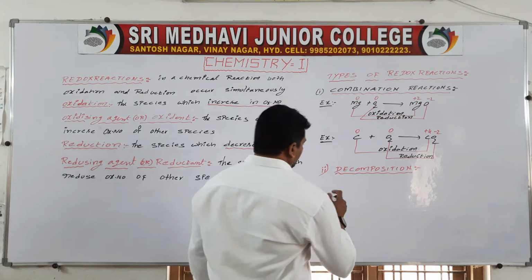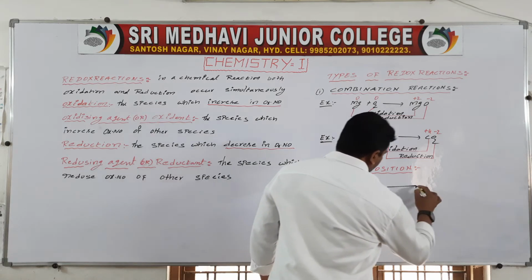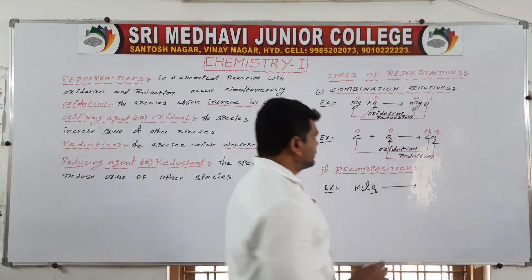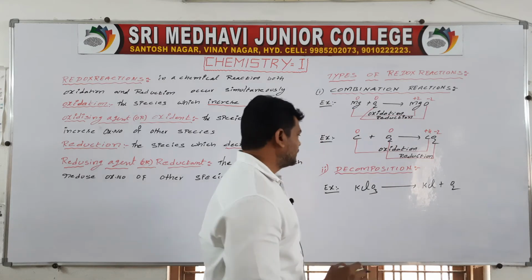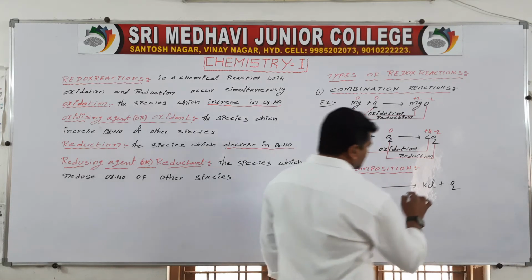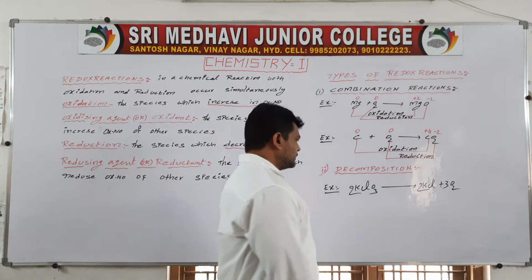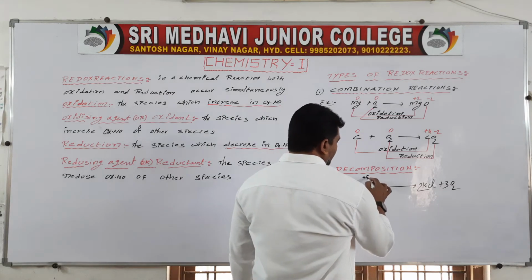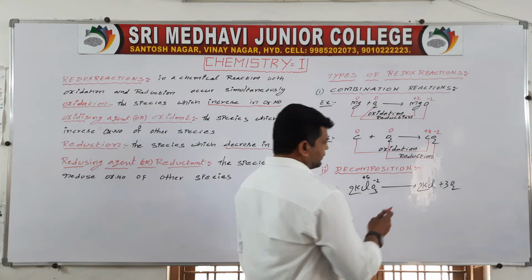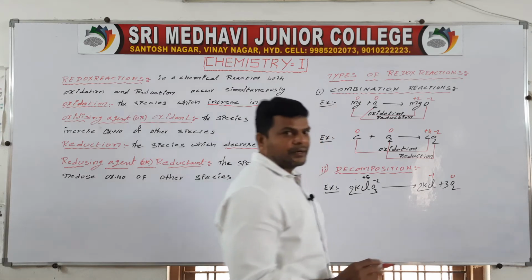For example, KClO3 decomposes to KCl plus O2. For balancing, I am taking 2, 2, 3. Here the oxidation state of chlorine is +5, oxygen is -2. Then chlorine is -1, oxygen is 0.